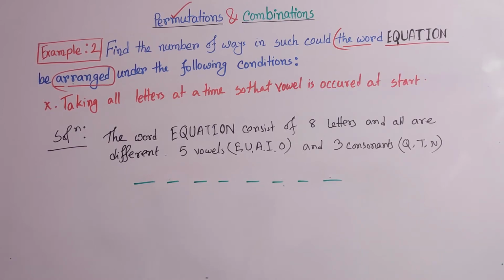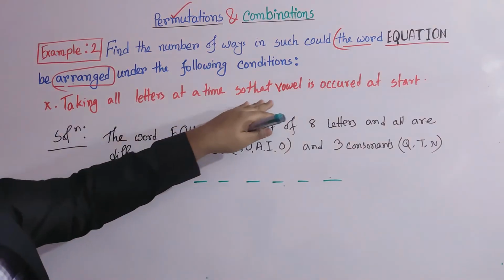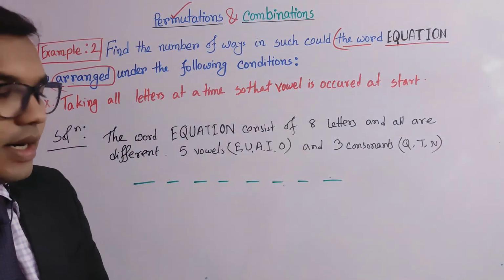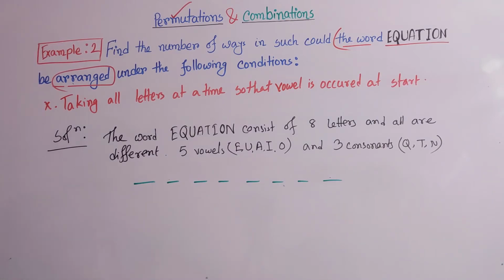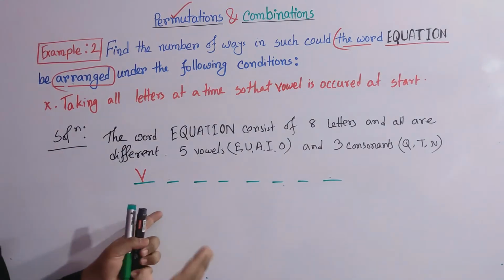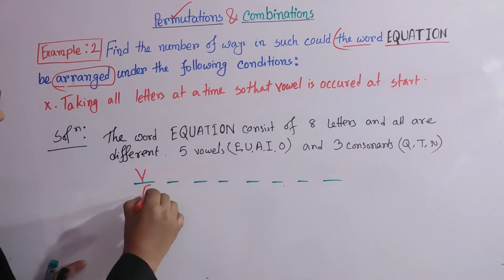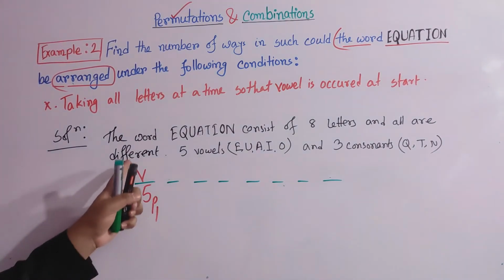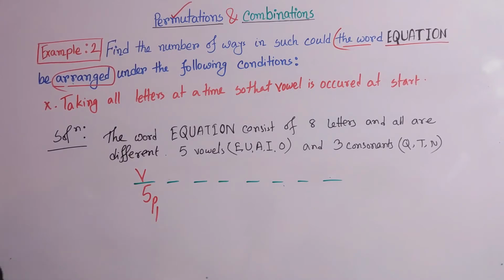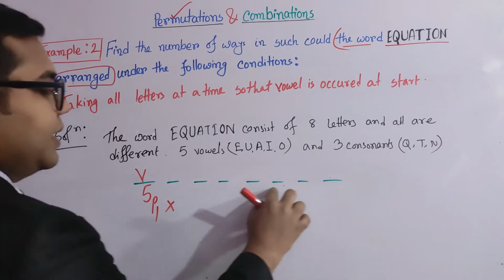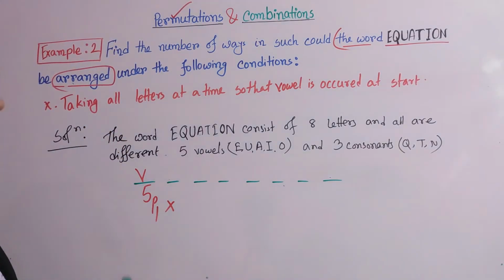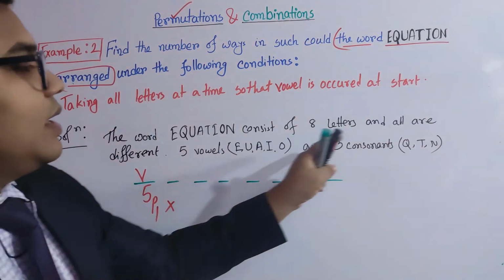In question number 10, taking all letters at a time so that a vowel occurs at the start. What does it mean? This is the starting point, and in this starting point 1 vowel will come. How many vowels are there? There are 5 vowels. From 5, 1 vowel will come in here by 5P1 ways, and after that the rest 7 places will be filled by the rest 7 letters.